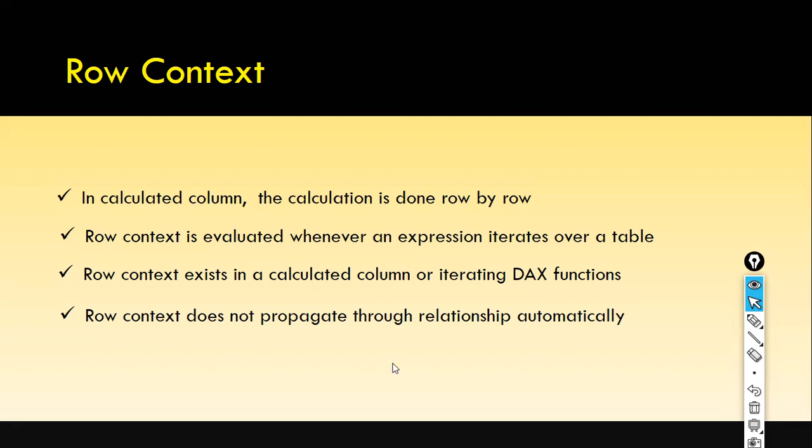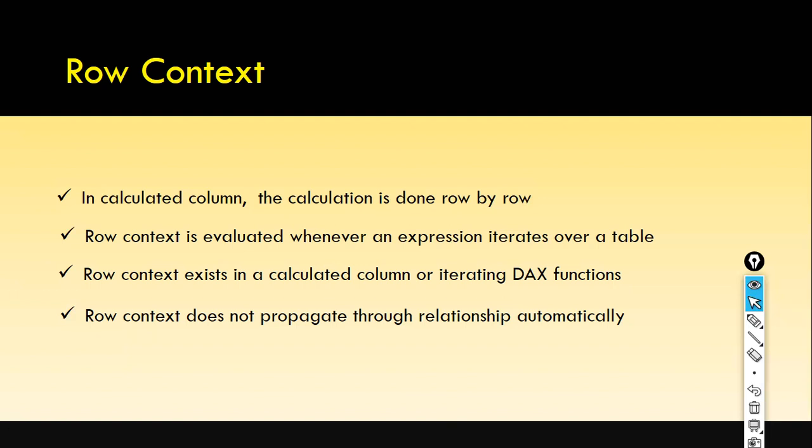Row context does not propagate through relationships automatically. Yes, this is the one you need to remember. The row context will not happen automatically because of the relationship that you created. For example, you want to bring in the cost price from a product dimension table and then perform row by row operation. Let's say the cost price is not available in the fact table.